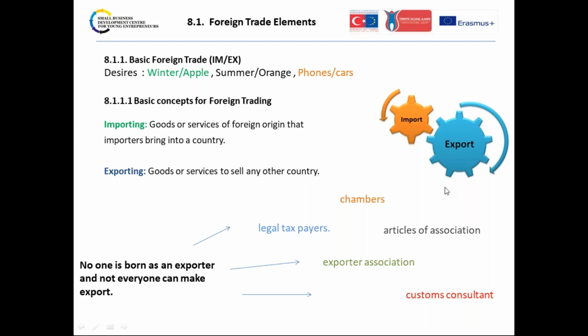And then you can start your export. Moreover, of course, these are not the only documents and requirements to start export. It depends on your country. So you need to check your legal status and how you can be an exporter in your country. These samples are from Turkey. Okay, let's continue.